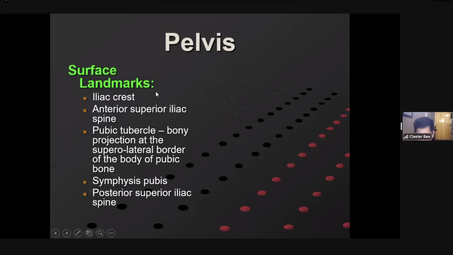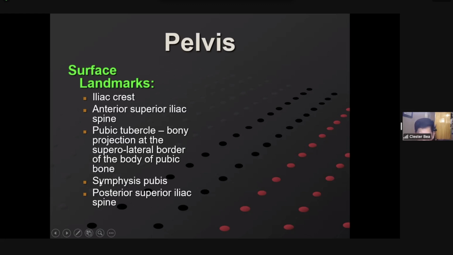Now, we know that we are in the region of the pelvis if we are able to appreciate the following surface landmarks. From the iliac crest anteriorly, you have your anterior superior iliac spine. If you follow the iliac crest posteriorly, you are in the posterior superior iliac spine.